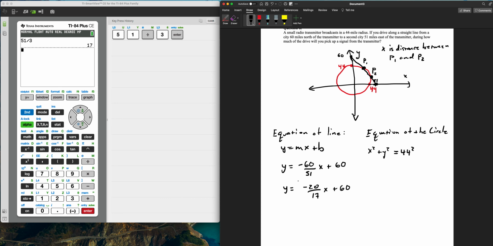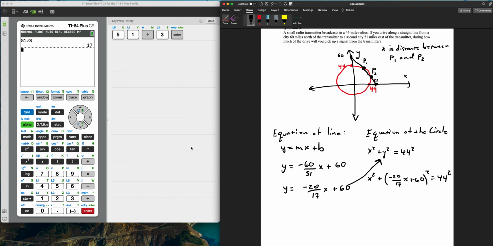Now the idea is we want to substitute this equation in for y and then solve for x using our calculator. So we have x squared plus negative 20 over 17x plus 60, quantity squared, equals 44 squared. This allows us to find the x values of intersection for P1 and P2.